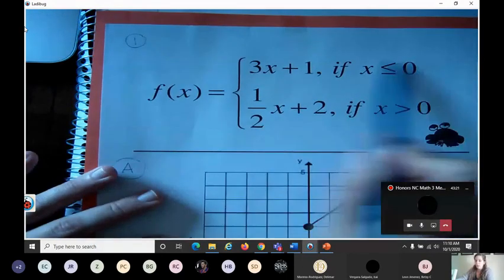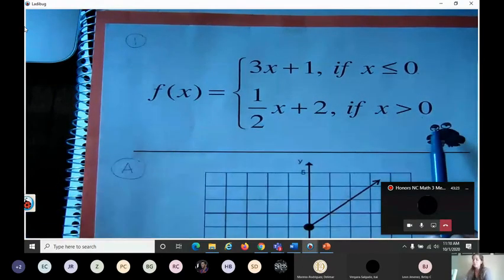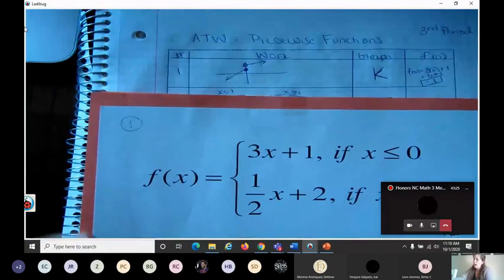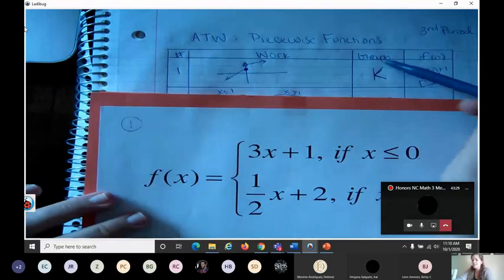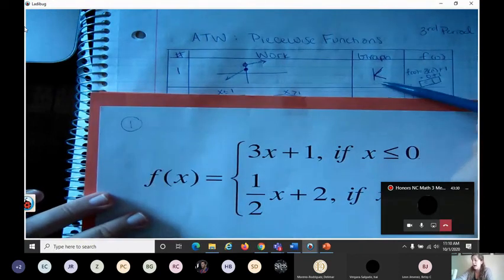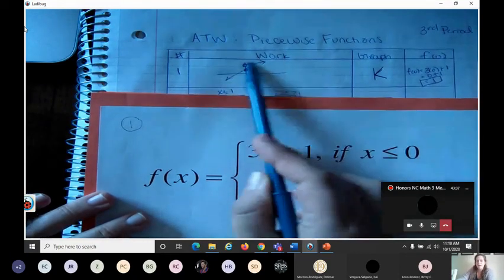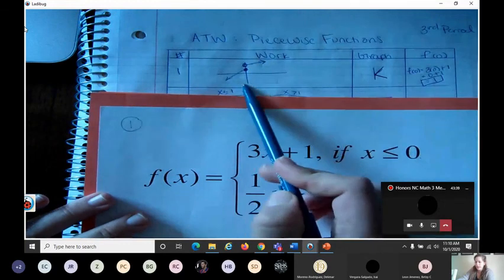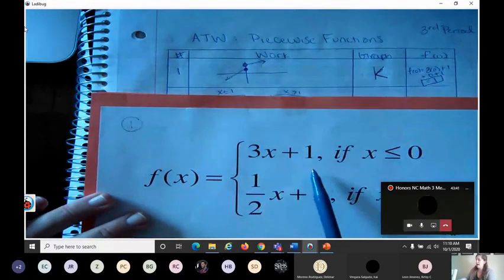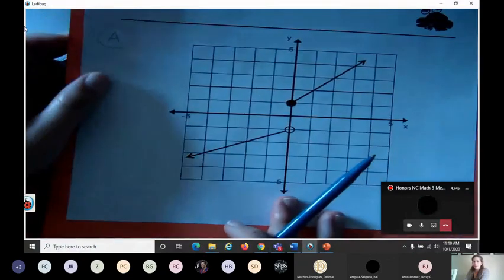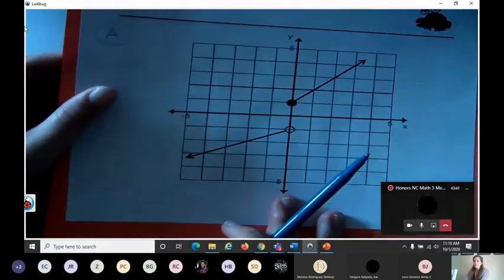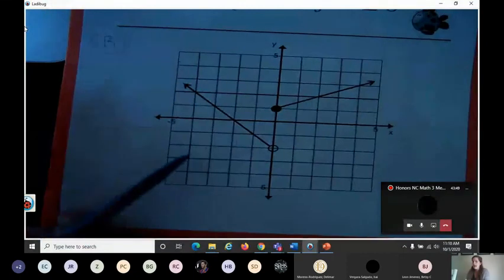These are the kind of problems. It's going to give you a piecewise function. What I want you to do is identify which graph belongs with that piecewise function. What I did is I sketched out the graph as my work. Then I looked through these cards and I looked at the graphs at the bottom. A didn't match, B didn't match.